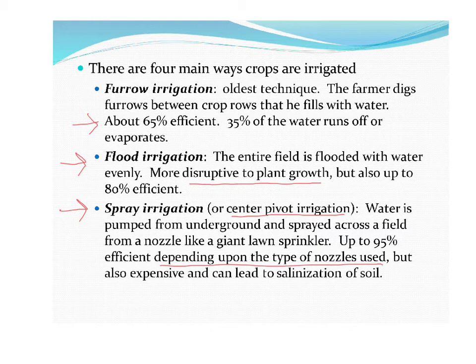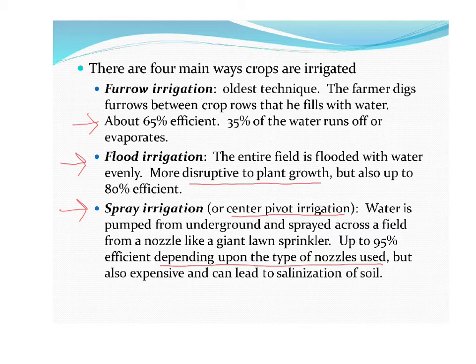If you're spraying the water from a central pivot like a giant lawn sprinkler, a lot of that water is evaporating before it even gets to the plant. But if you are taking the water via a pipe and spraying it with these little mini nozzles that hang down closer to the plants, then not as much is evaporating. And so it's a much more efficient process. Those pictures are actually in your textbook and you can look at them as well.